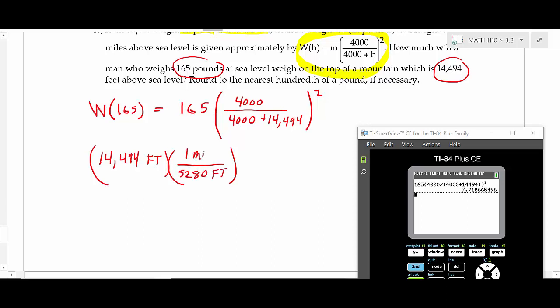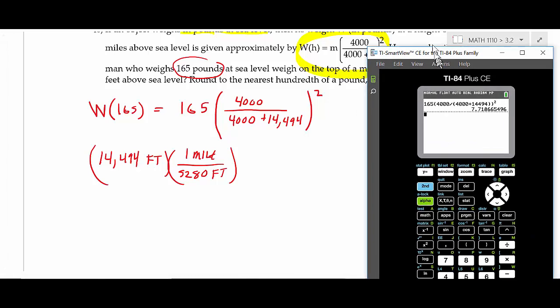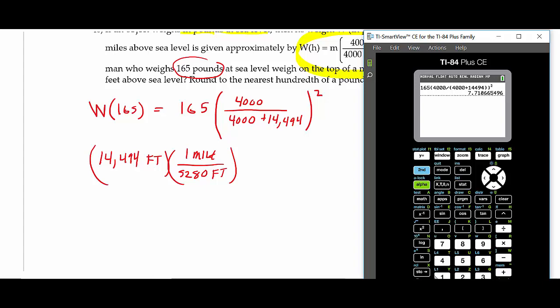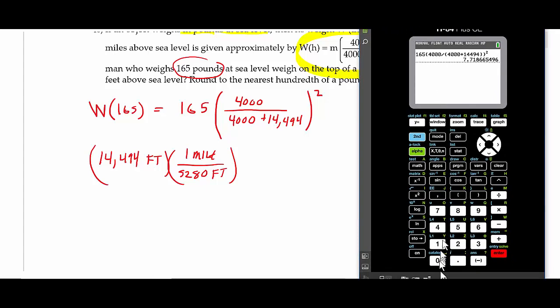So if I divide 14,494 by 5,280, that would be around 3 miles.